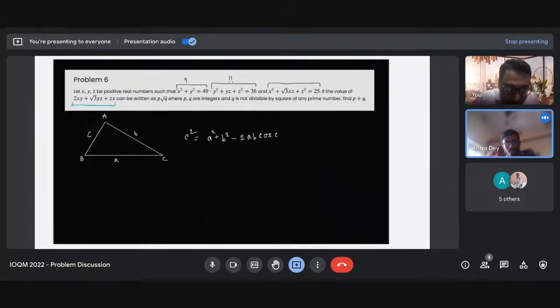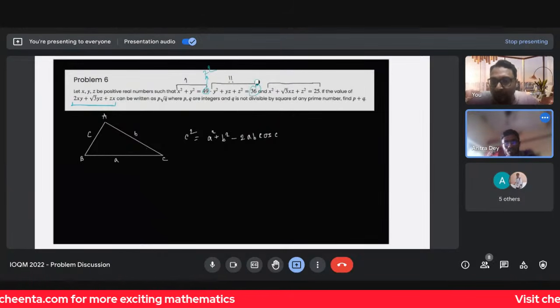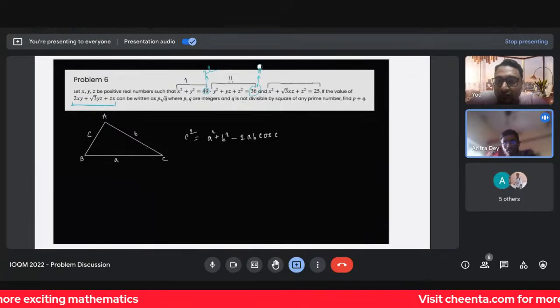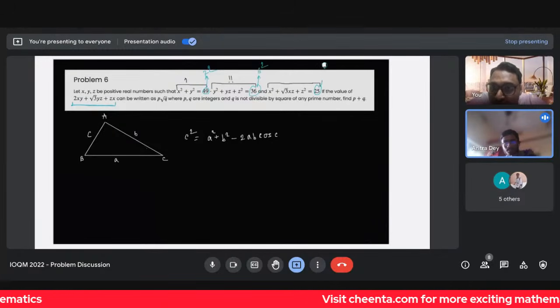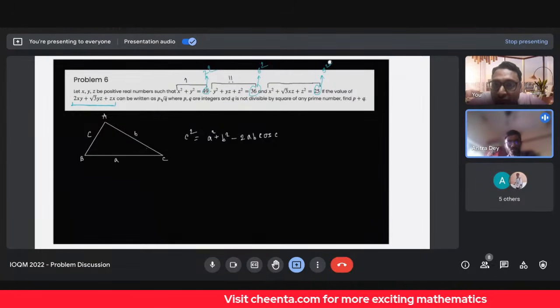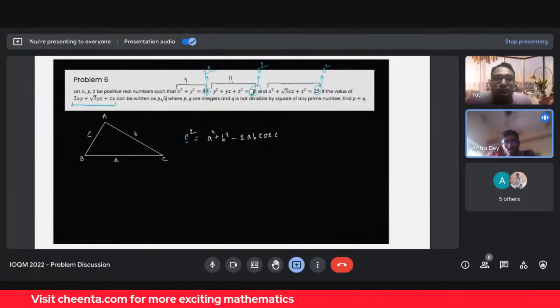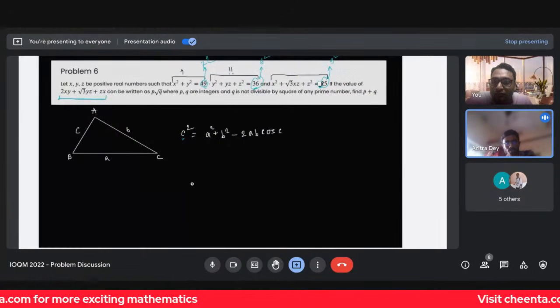See that it is almost the same. Here 49 is 7 square, 36 is 6 square, and 25 is 5 square. So this c square type of thing is already there. We have nothing to worry about too much.